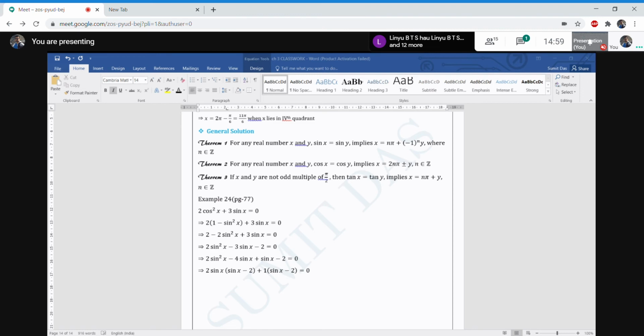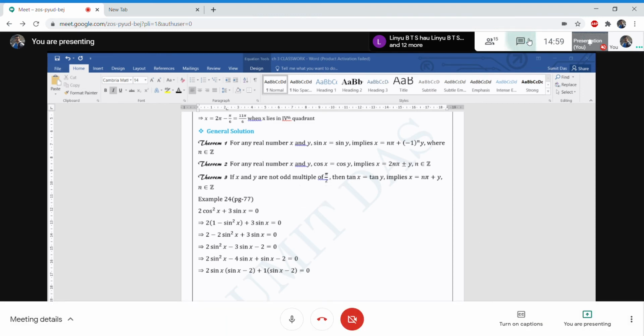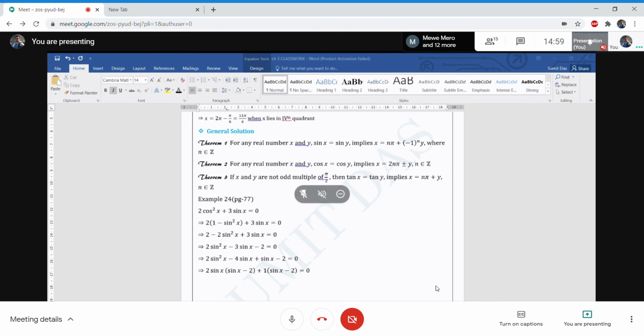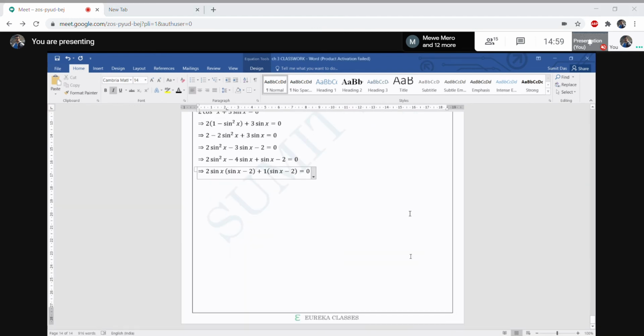Then the next line, we can take this sine x minus 2 common.